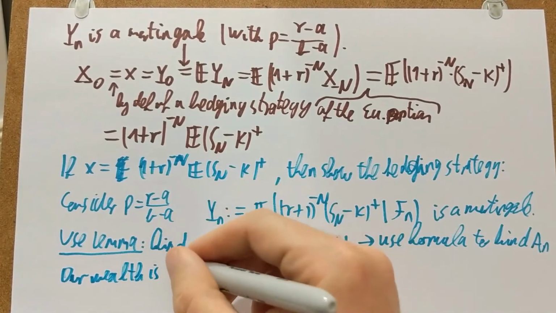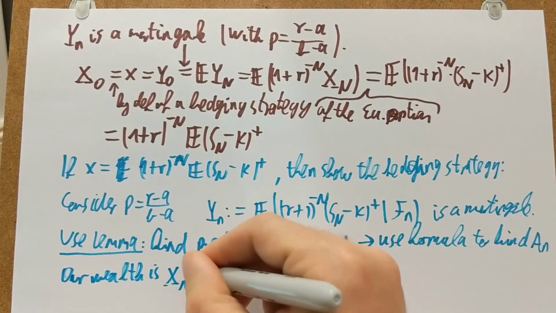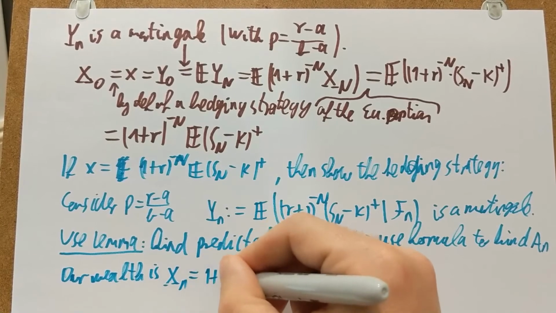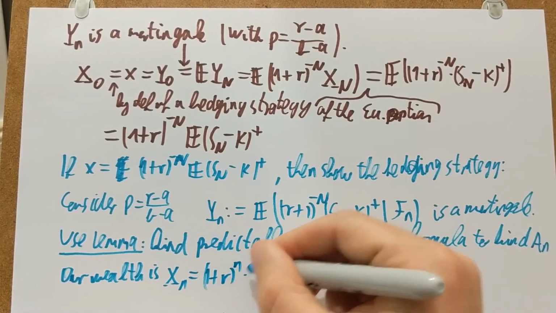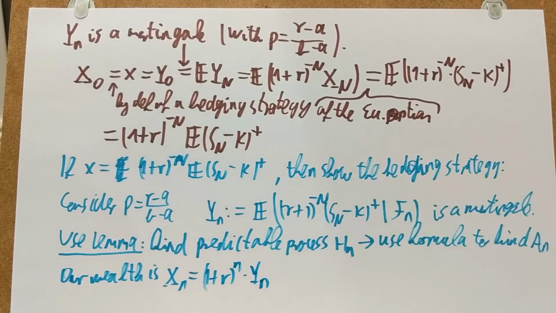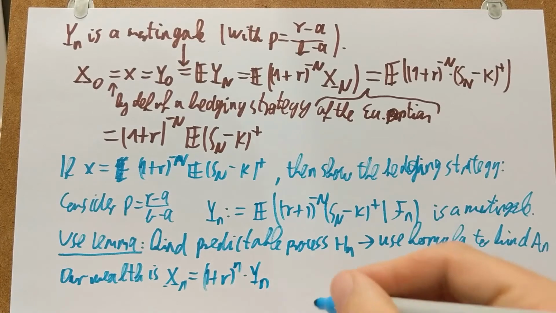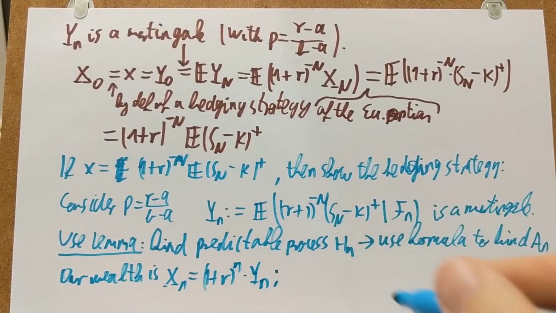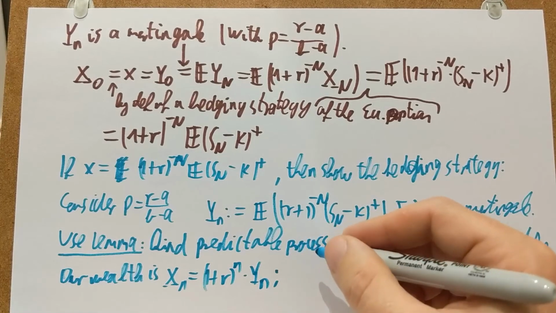and we know that our wealth is Xn equal to (1 plus r) to the n times Yn. Okay, and what you want to check is that the initial value and the end value are actually correct.